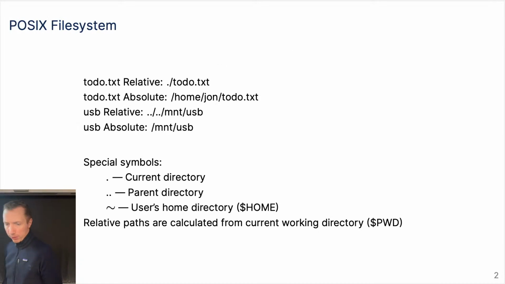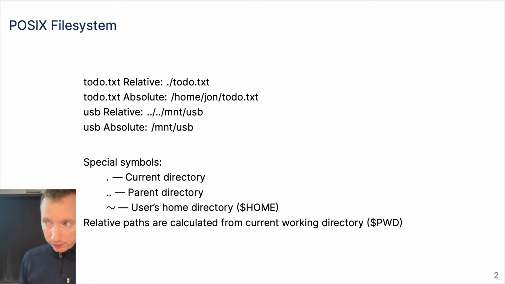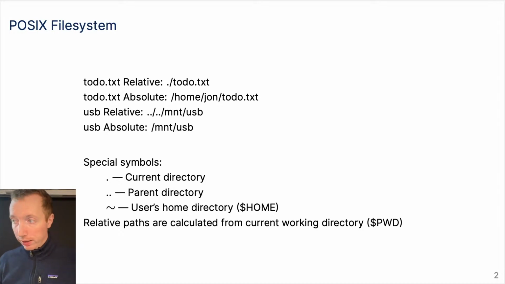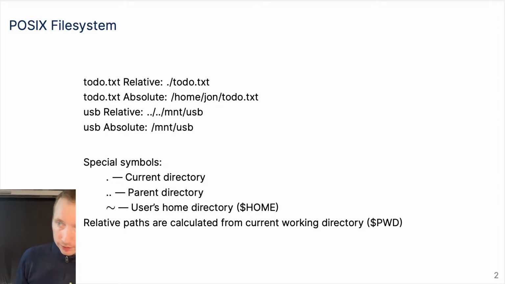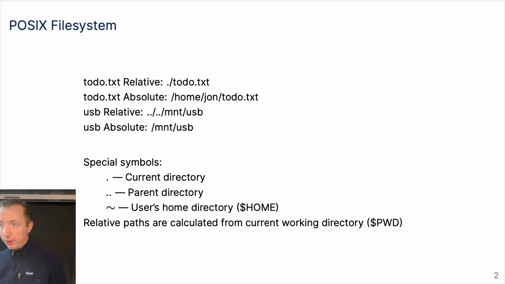So that's what we're all used to, and we'll see in later lectures that the dot and .. are actually entries in your file system. They're special file names, and the only thing special about them is their name and how someone defined them to be used.